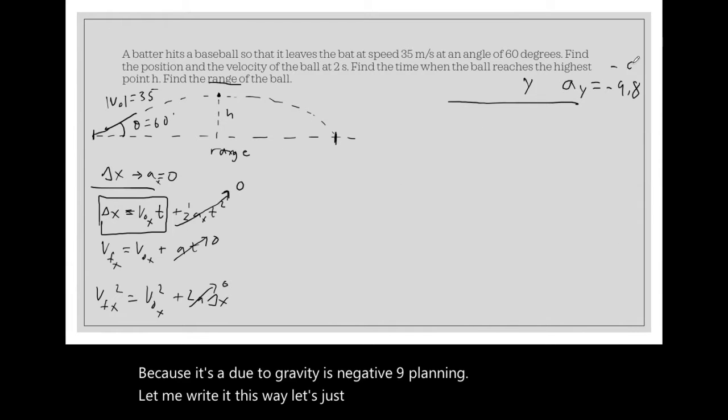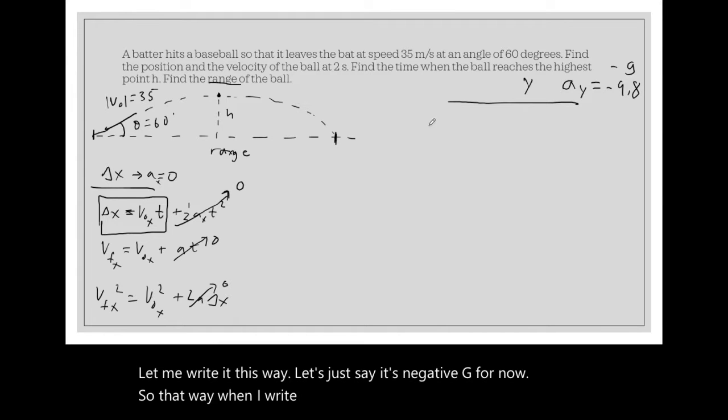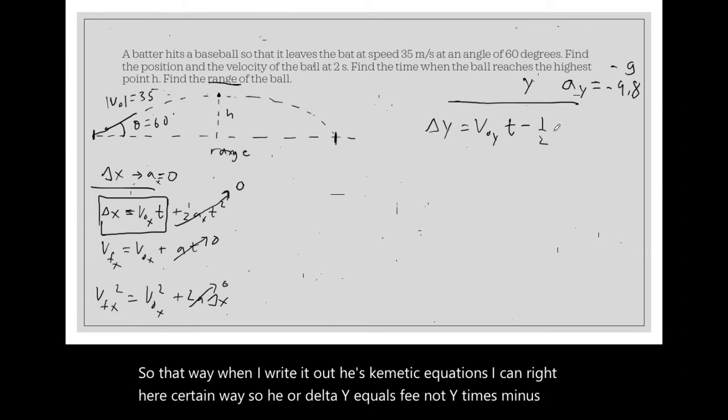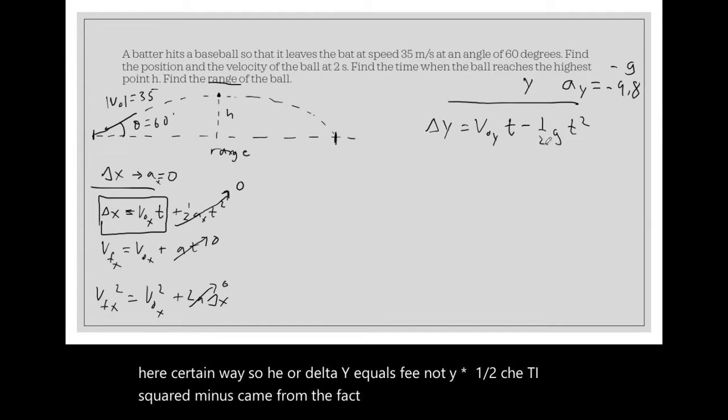Let's just say it's negative g for now. That way, when I write it out in these kinematic equations, I can write it a certain way. So delta y equals v naught y times time minus 1/2 g t squared. Okay, so that minus came from the fact that the g is negative.